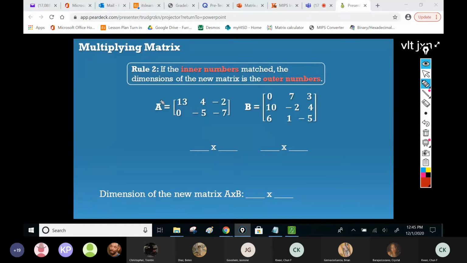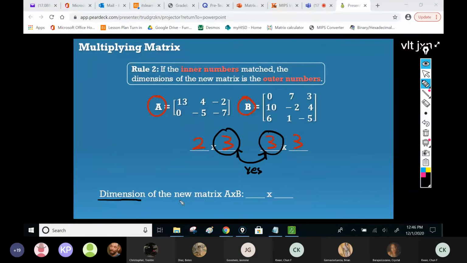Once again, let's look at matrix A and matrix B. Matrix A is 2 by 3, 2 rows and 3 columns. Matrix B is 3 rows, 3 columns. Check to see if there's a solution. The inner numbers are the same, so yes, there is a solution.